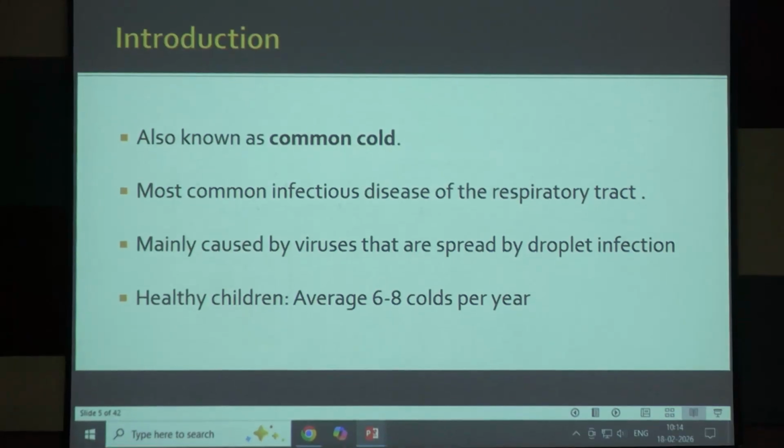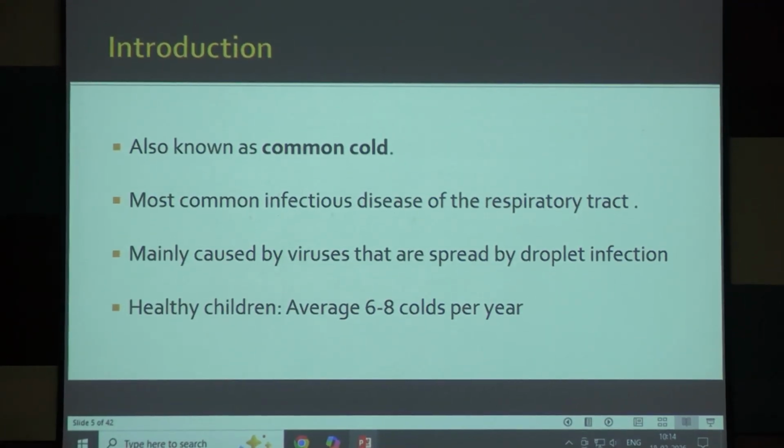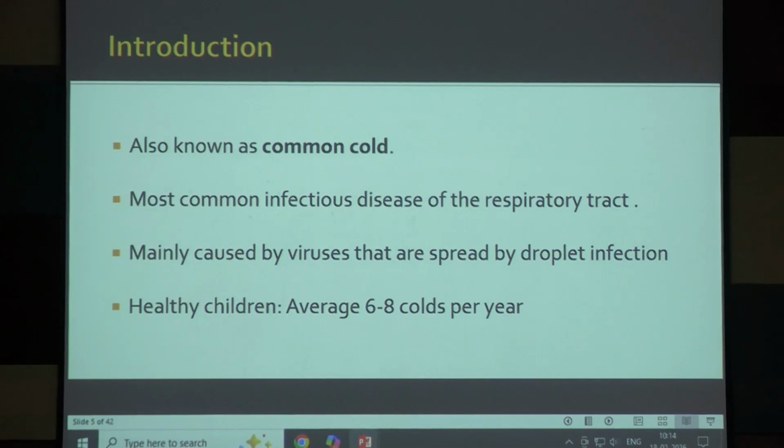So, our first topic, nasopharyngitis, which is also known as common cold. Most of the patients come with complaints of common cold or cough and cold. It is the most common infectious disease of the respiratory tract and mainly caused by viruses.